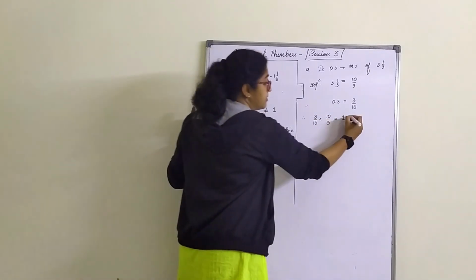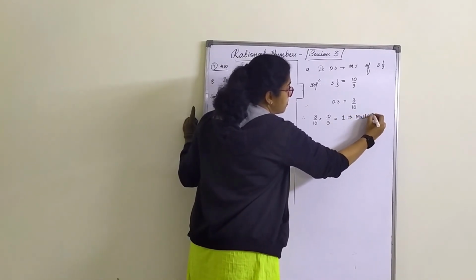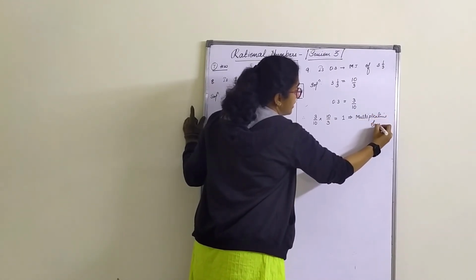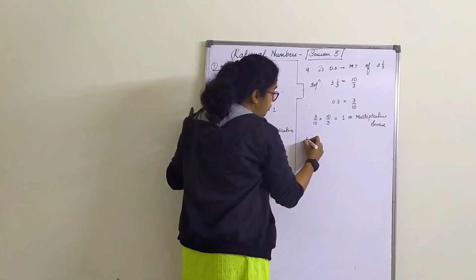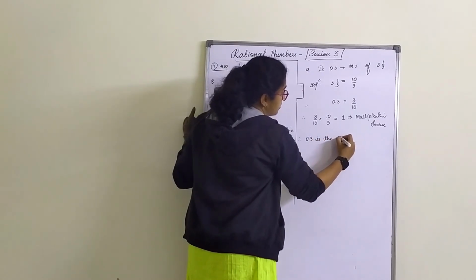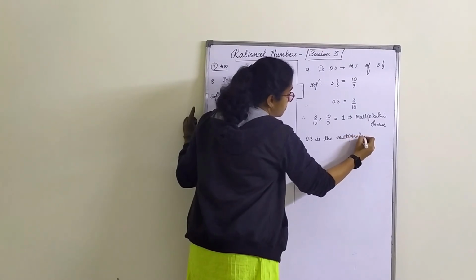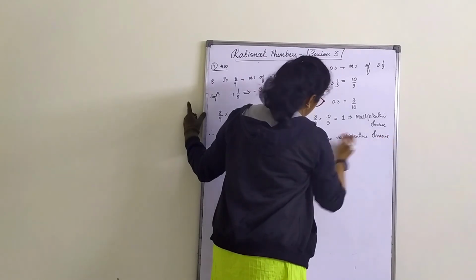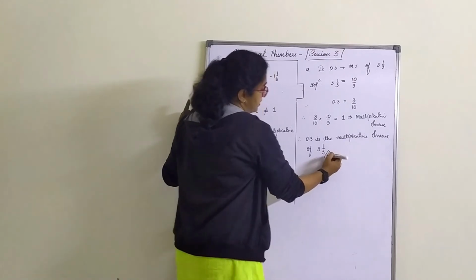1. That is nothing but multiplicative inverse, right? So I'll give the conclusion. Therefore, 0.3 is the multiplicative inverse of 3, 1 by 3, right?